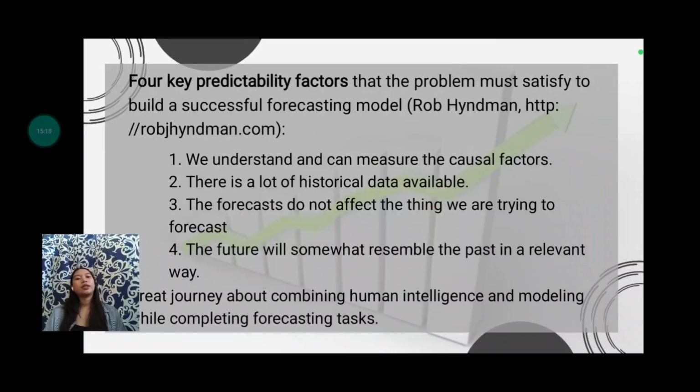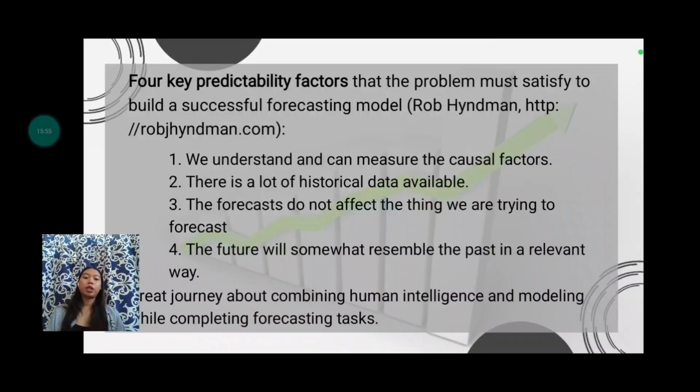There are four predictability factors that a problem must satisfy to build successful forecasting models. So first, we understand and can measure the causal factors, like what factors affect sales or demand. Second, there is a lot of historical data available. The third one is the forecast does not affect the thing we are trying to forecast.